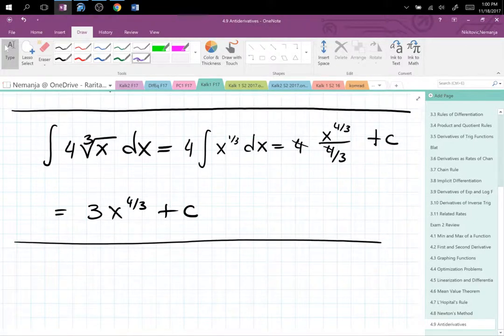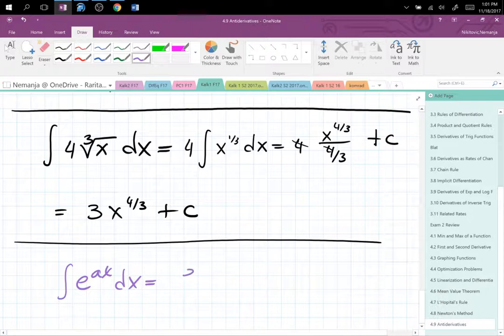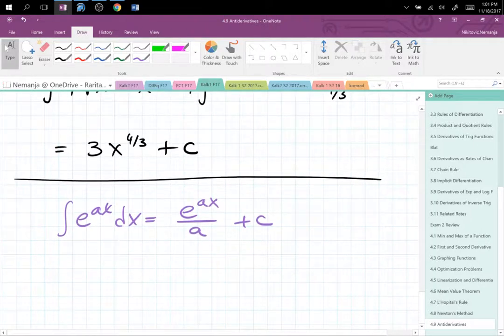There is a formula that the book wants you to memorize, but then we'll take care of this formula when we get to chapter 5. They want you to memorize that e to the ax dx is e to the ax over a plus c. So that's a modification. So you can deal with e to the 3x.